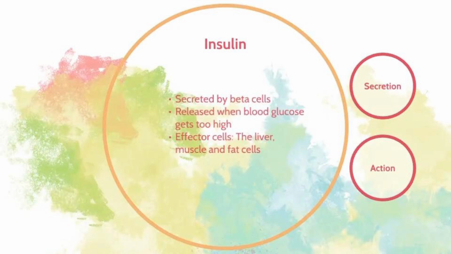They are the cells and the tissues that will respond to insulin that is released from the beta cells in the pancreas. So these are what we call the effectors. These are what brings about the change that the insulin release wants to do. So the insulin is released, it affects these cells, they have a reaction to that, and that then allows the body to get back into its homeostatic range of glucose.